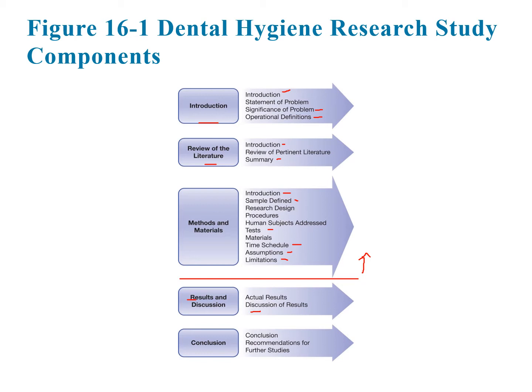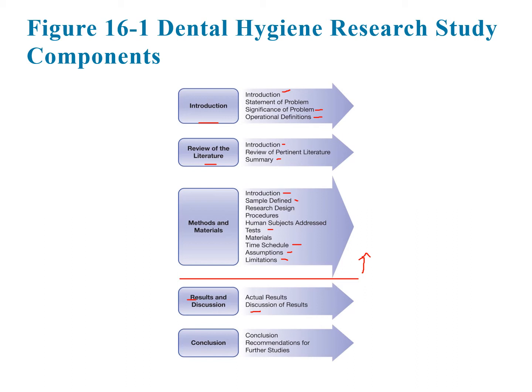And then in the conclusion is when you come in with your synthesis of the data. So you conducted the research, you collected the data, and now you think that data tells you this information.